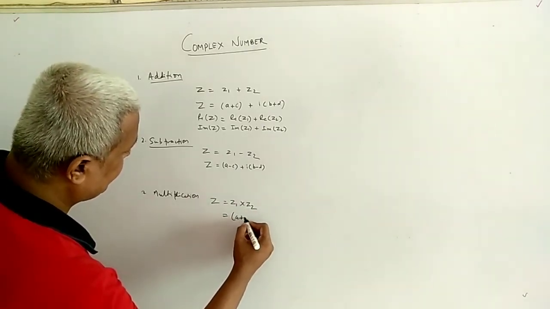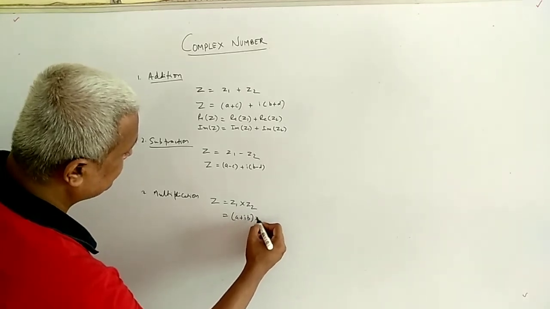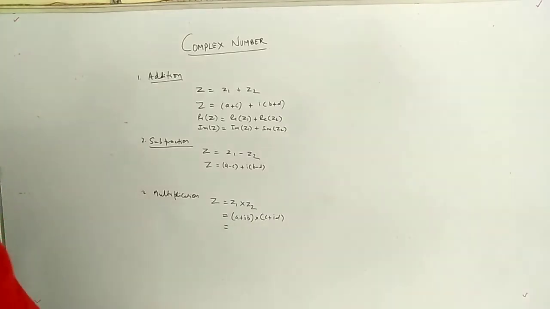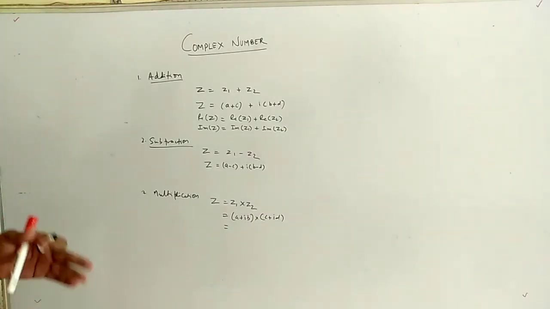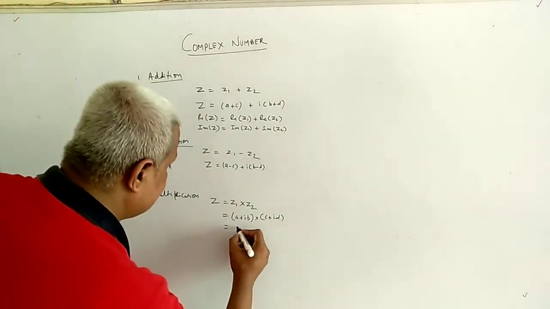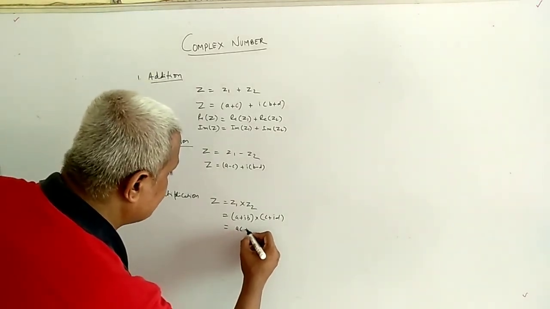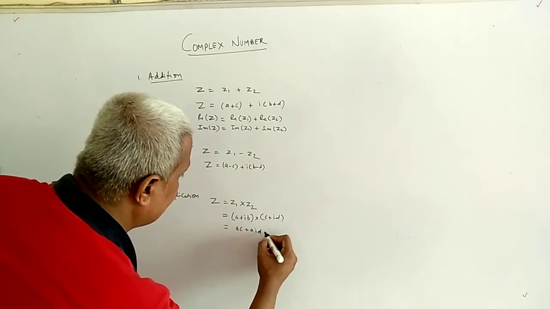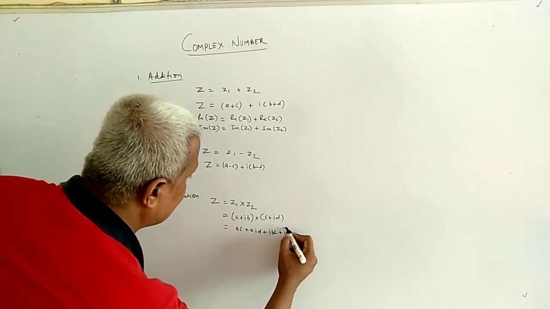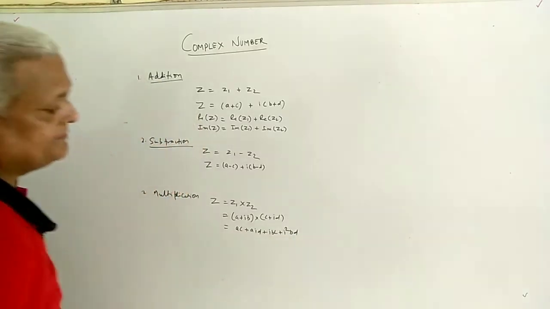So now we have (A plus iB) into (C plus iD). Just multiply algebraically, as we multiply two binomial terms. What do you get? AC plus iAD plus iBC plus i squared BD.